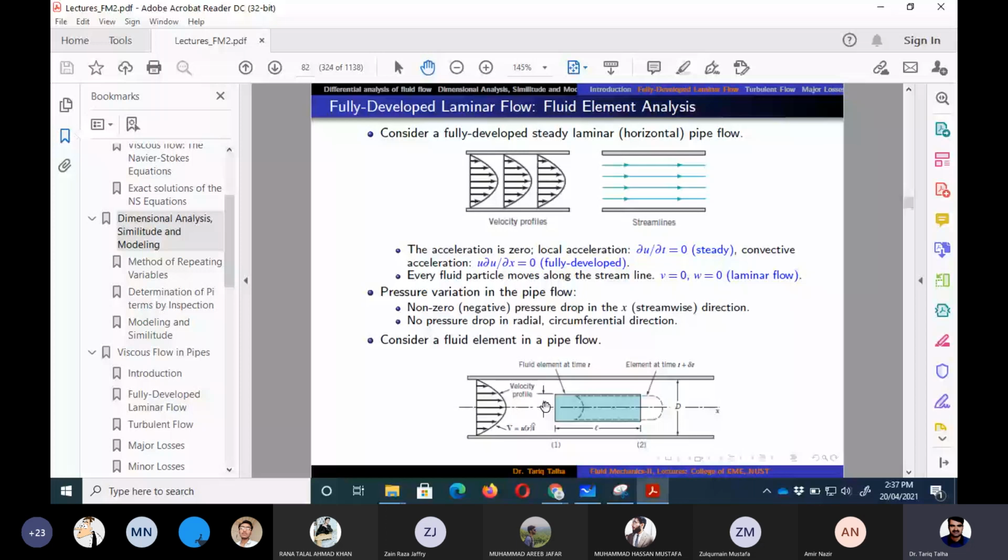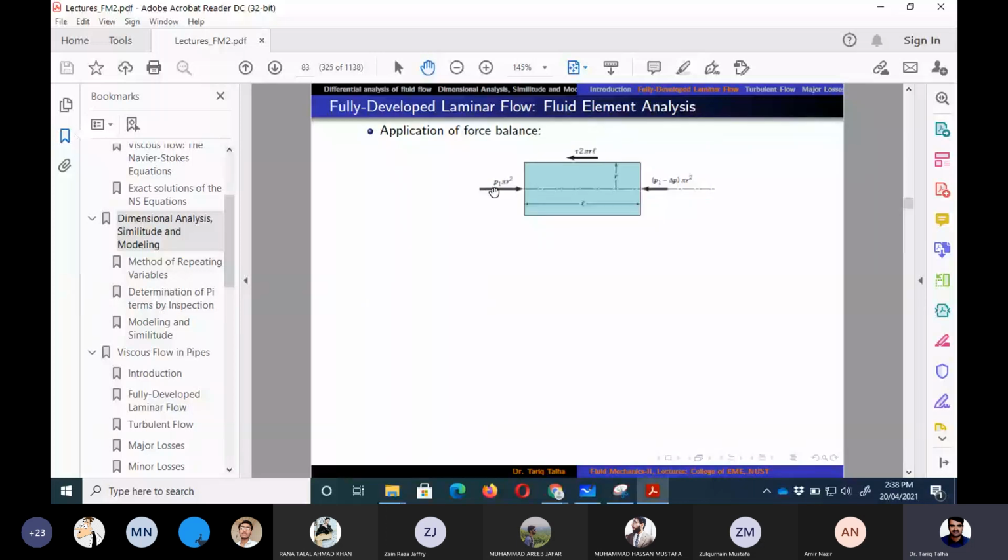One is the pressure force, which is the driving force, and then the shear force, which is acting on its surface. So if we show the force balance, on the left-hand side of this element we have pressure P1, and to make it a force, we need to multiply it by the area on which it is acting.